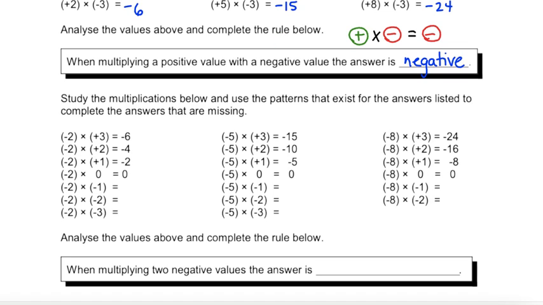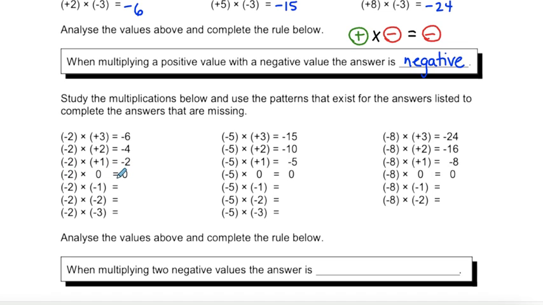So what happens when we switch that, though? We have -2 times 3, which was -6. -2 times 2, which is -4. -2 times 1, which was -2. And -2 times 0, which is 0.